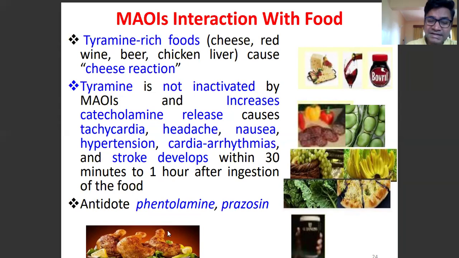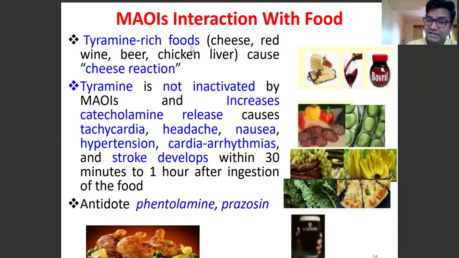All these consist of primary amines like tyramine. So they will not be metabolized if you take them along with these drugs. So there is a food-drug interaction.